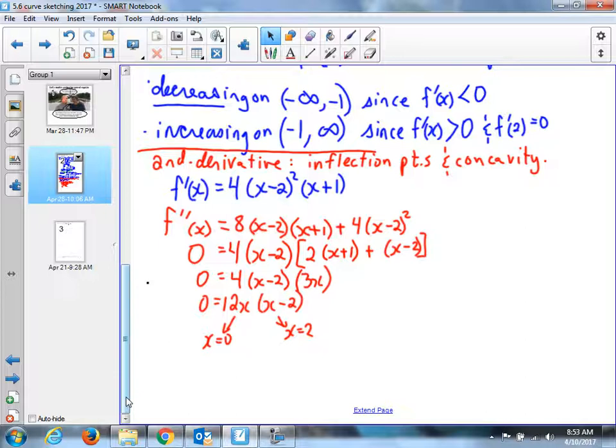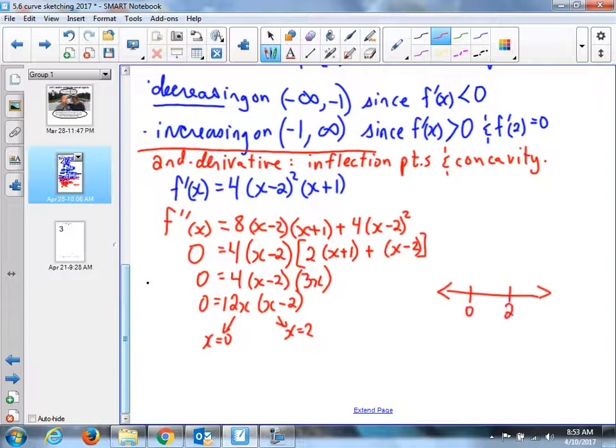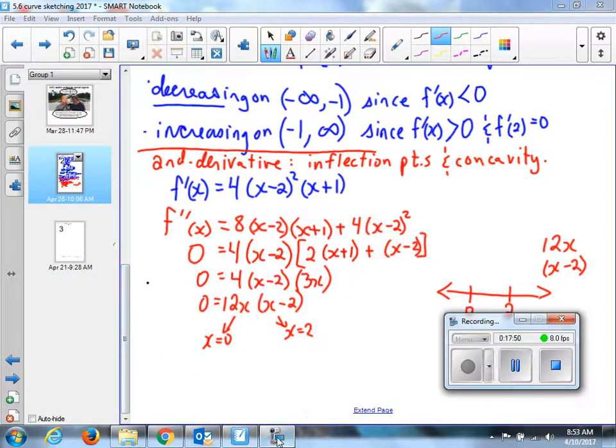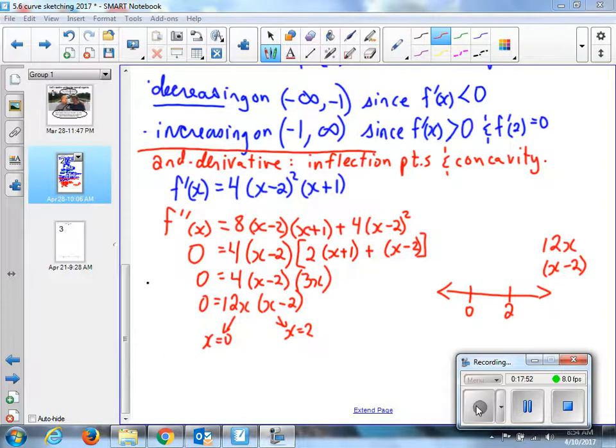So, I'm going to do a quick number line. I'll do it to the right here, with 0 and 2 on. I'm going to put 12x, my second derivative, here. I'm going to put x minus 2 here. Let's analyze this. 12x is 0 at 0, negative values are negative, positive values are positive.